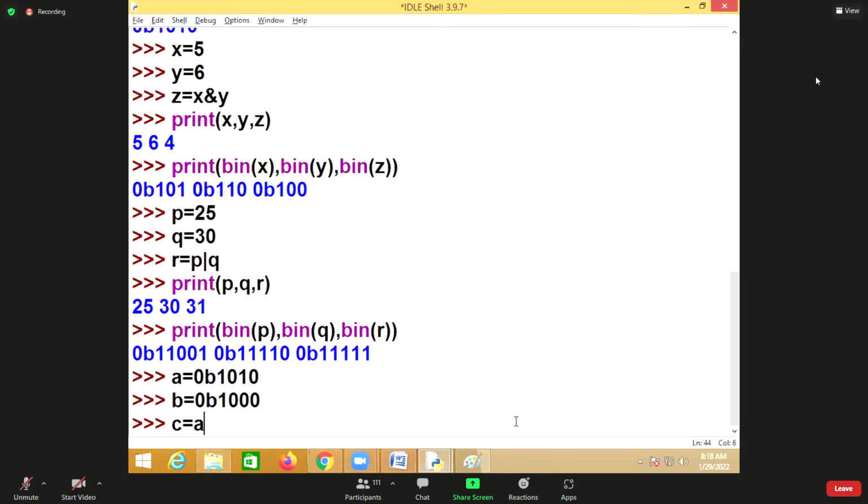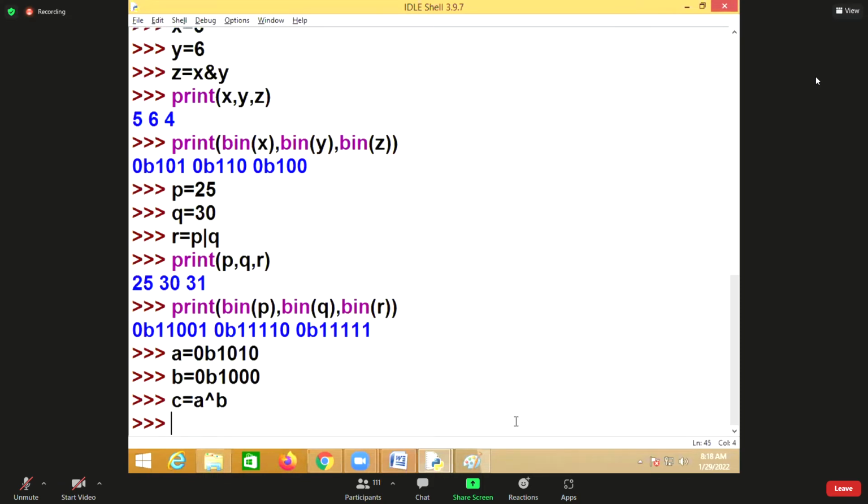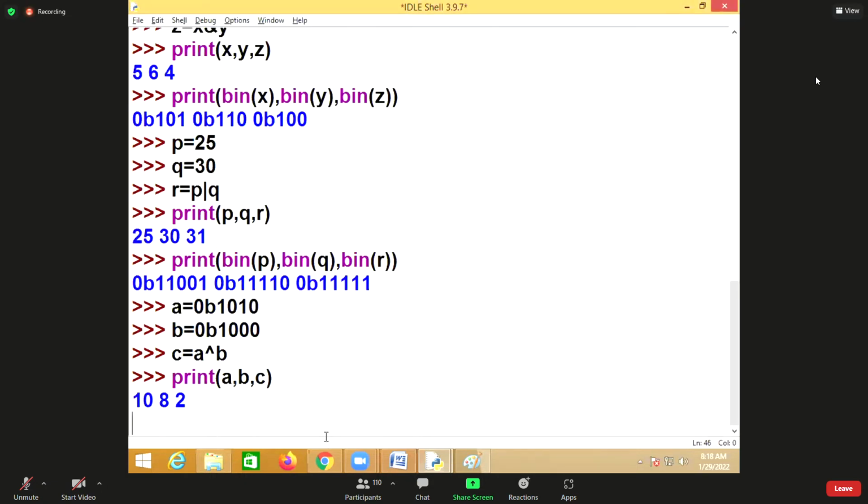Now C equal to A exclusive OR B. What will happen? 0 and 0 is 0, 1 and 0 is 1, 0 and 0 is 0, 1 and 1 is also 0. What is the output? 10, which is nothing but 2. If I print the A value, B value, and C value, it is 10, 8, and 2.